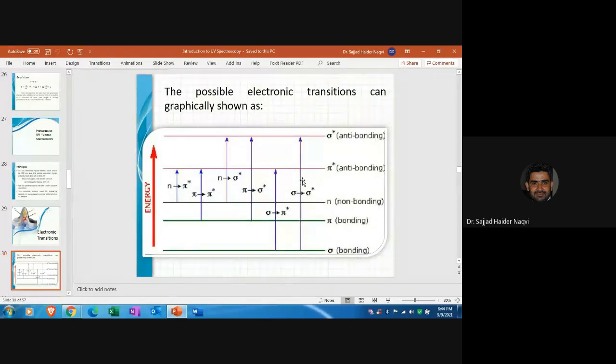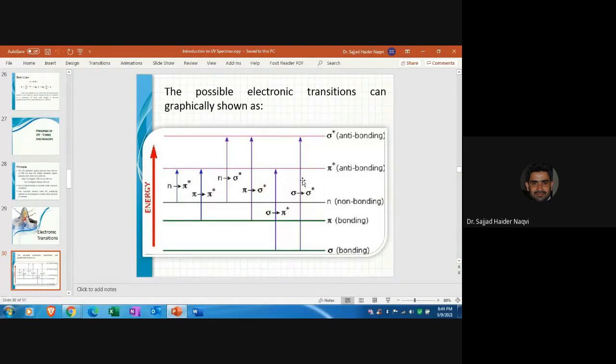Now, a little bit more detail about the possible electronic transitions, just not in terms of the shells. You can see that on the x-axis we have increasing energy, and with the increase of the energy, we can see the transition going on.